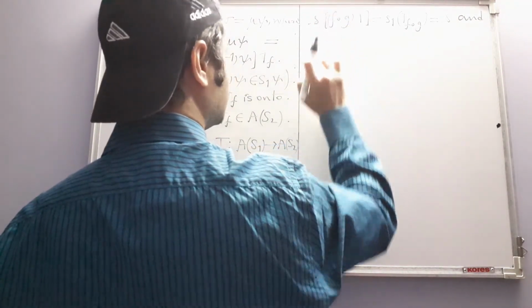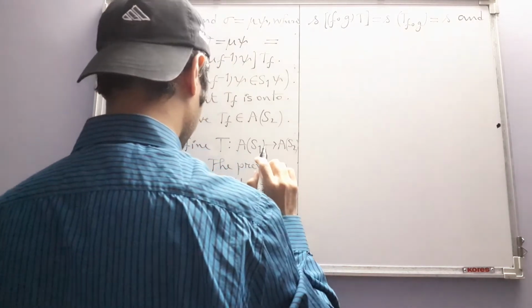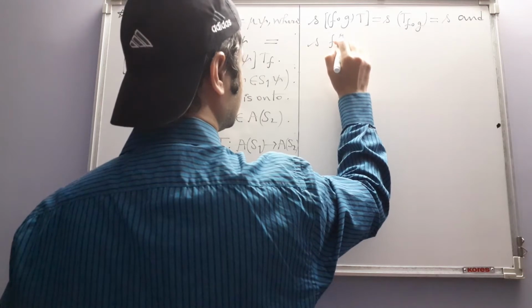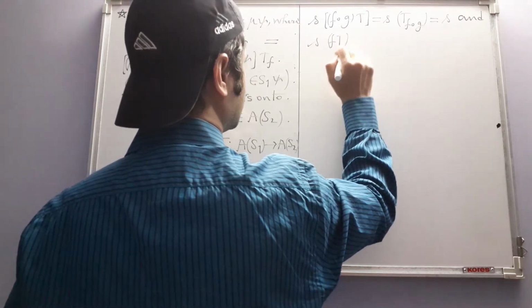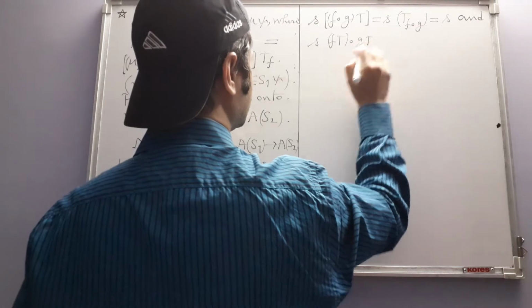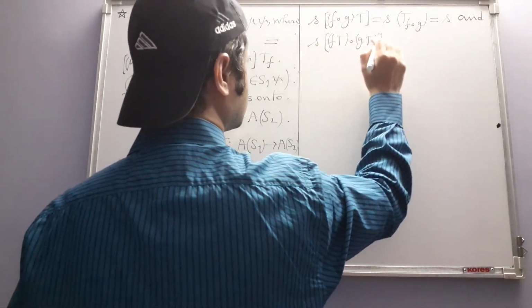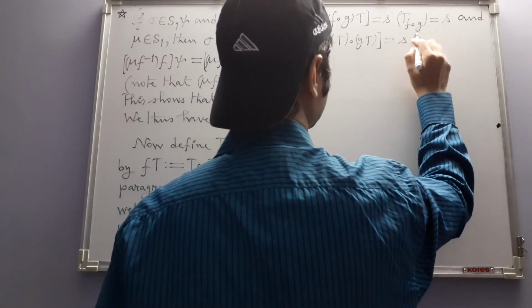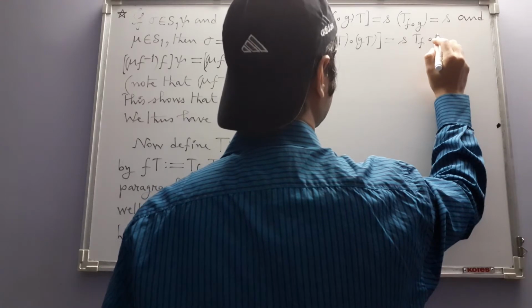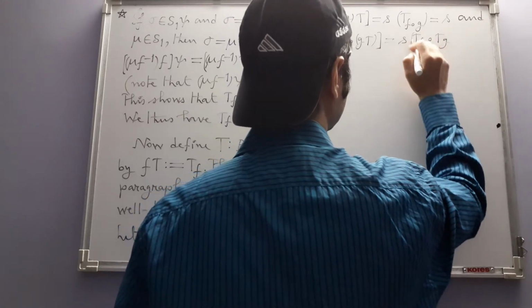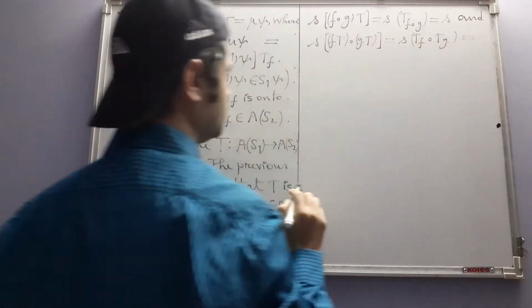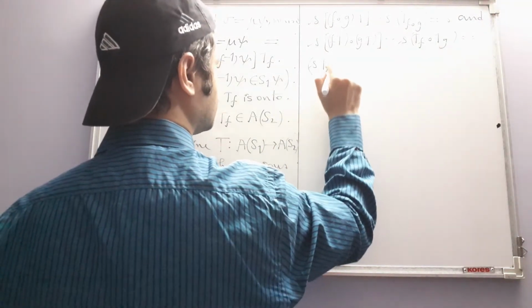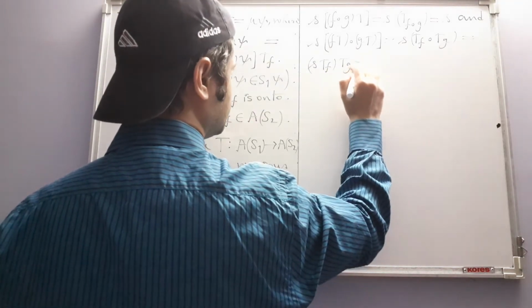Have I taken S1 here? No, it's not S1, it's just simply S, and S Ft composition Gt, which is just S Tf composition Tg, which is S Tf Tg.